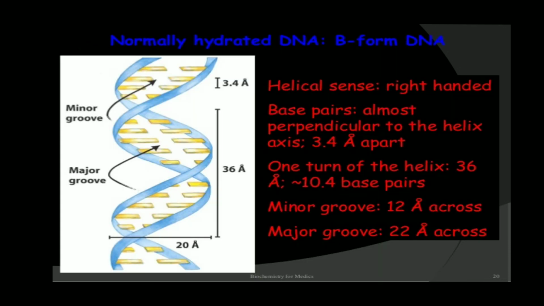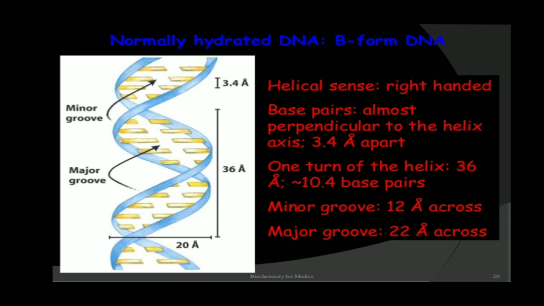Then we'll see the normally hydrated DNA, the B form of DNA. Here you can observe the helical sense is right-handed, and the base pairs are almost perpendicular to the helix axis, 3.4 angstrom units apart from each other.